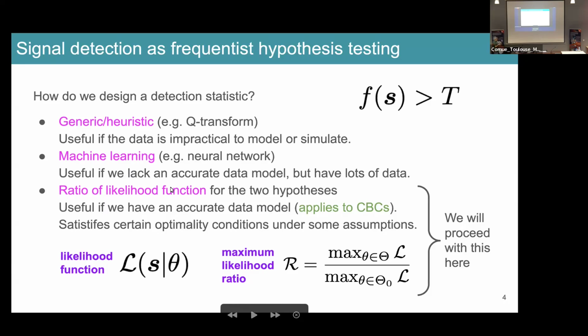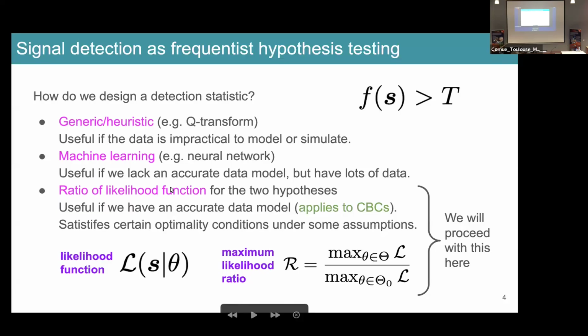The approach we actually use for CBCs so far is a third one, which is based on a likelihood function. And this is applicable to CBCs because, as Frederic explained, we have very good theoretical models of the signal for a CBC.